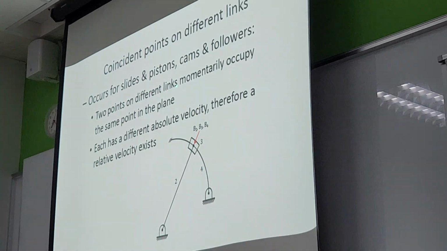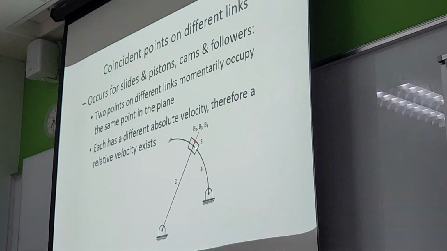Now 2 points on different links momentarily occupy the same point. For example, this is link 4. Link 3 is the slider, and this is connected to link 3. At this point, the point corresponds to link 2, link 3 and also link 4.